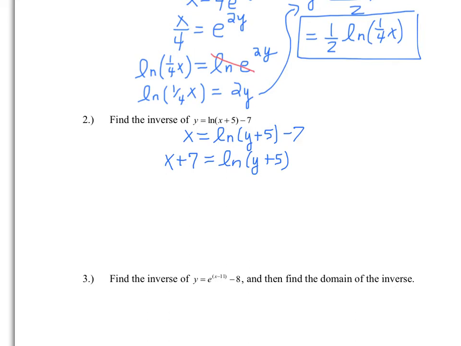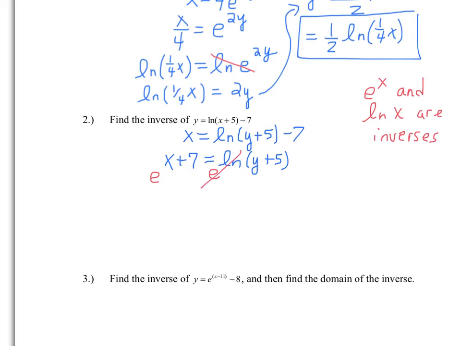Well, because we said that e to the x and the natural log of x are inverses, they're going to undo one another. So in the previous example, we took the natural log of e to remove the e. In this situation, we're going to drop an e underneath as a base so that it'll wipe out that natural log.